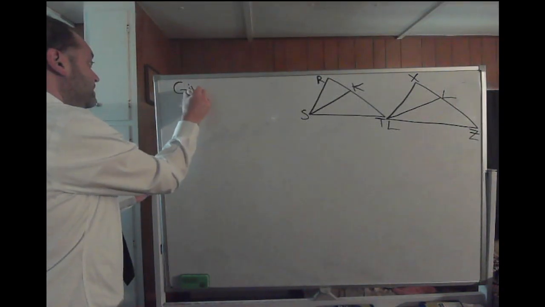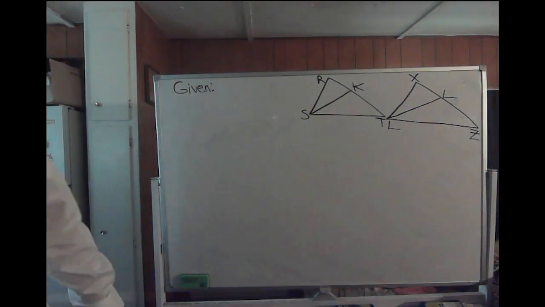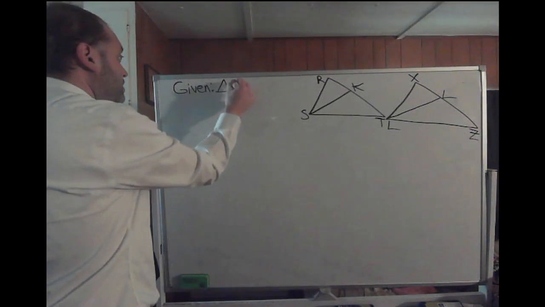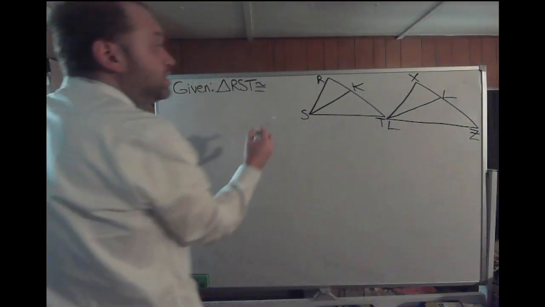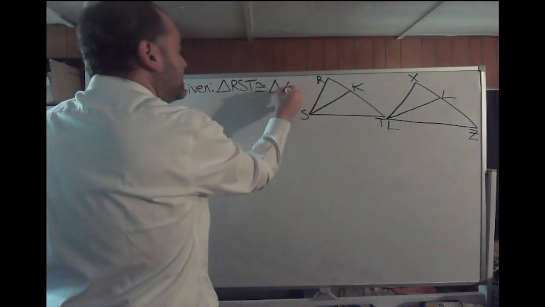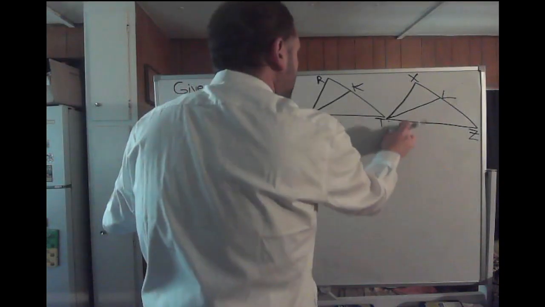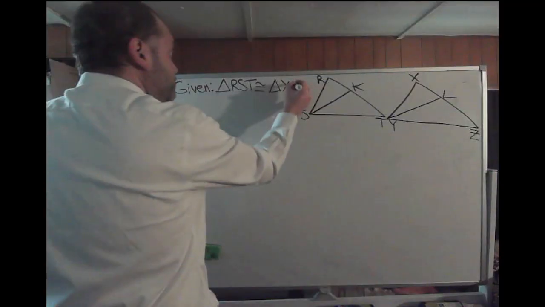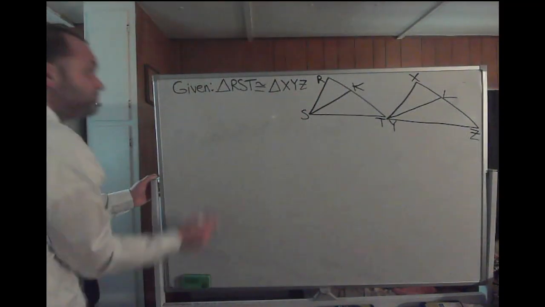We are given that triangle RST is congruent to triangle. That should be a Y there, not an L. That should be Y. There we go. Triangle RST is congruent to triangle XYZ.